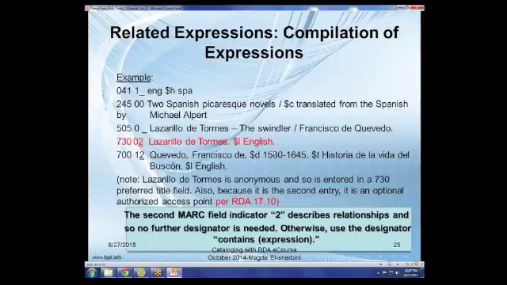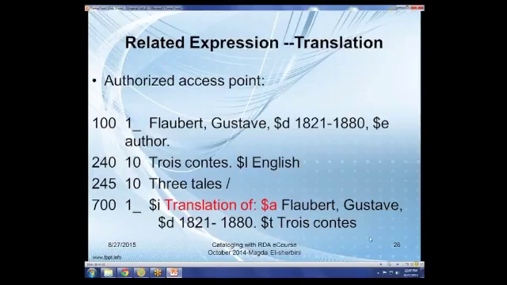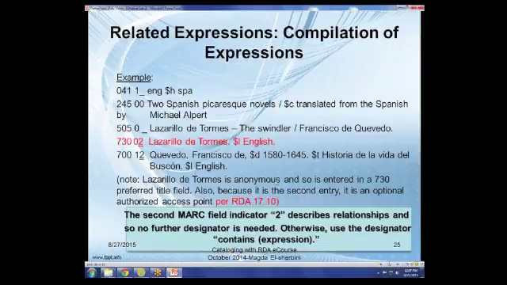And so it takes a field 730. Then we have 700 with the complete author information. Again, we have over here the uniform title and a subfield L to indicate the language into which it's been translated.